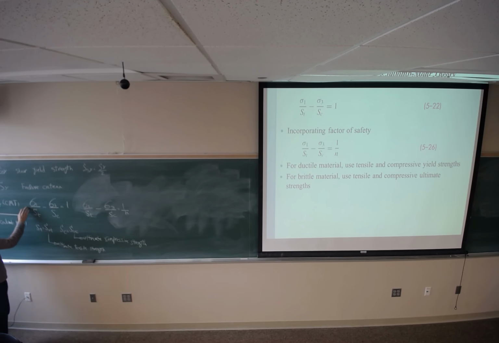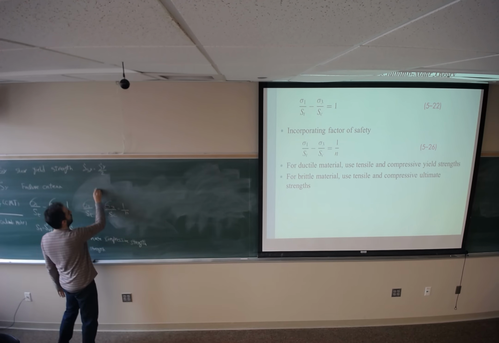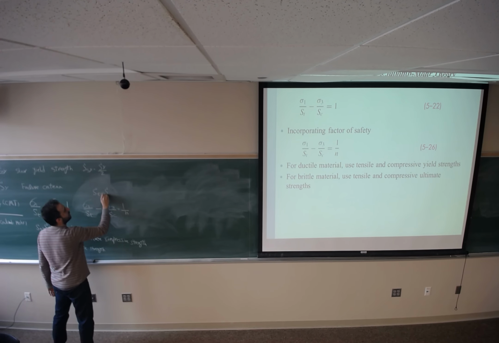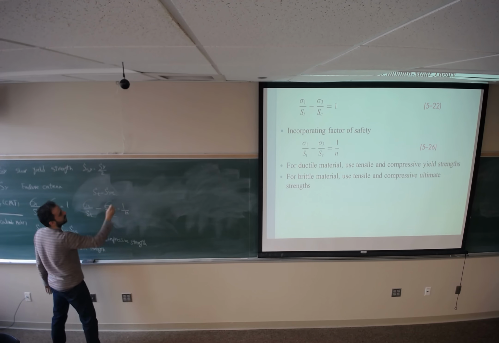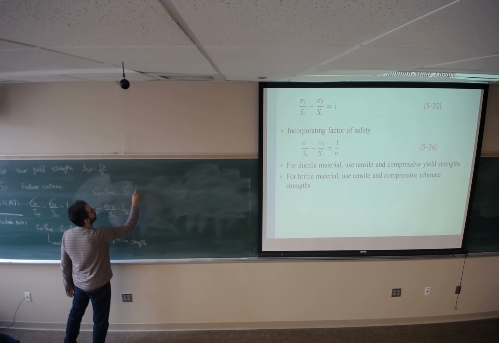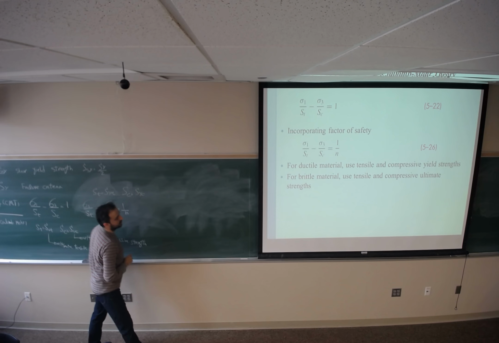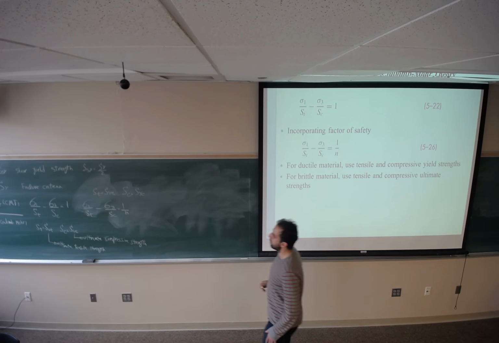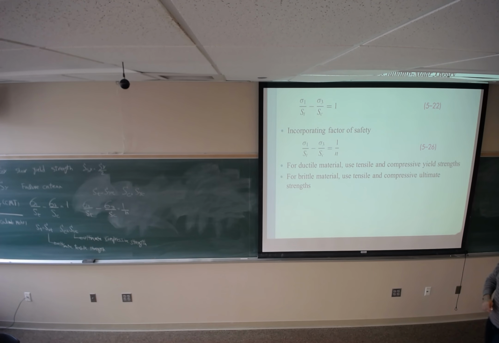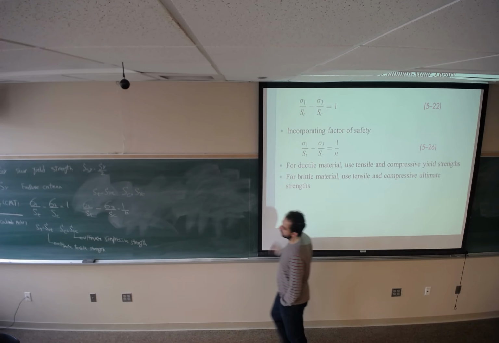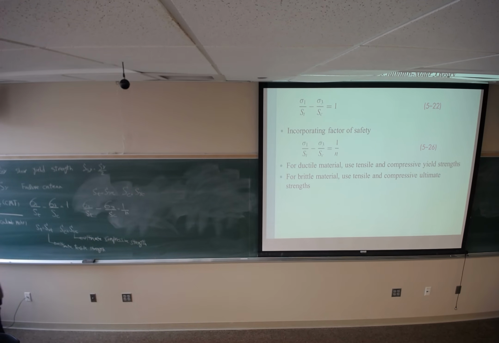But where we have ductile material, ST would be SYT, yield strength for tensile, and SC would be SYC, yield strength for compressive. So comparing ductile and brittle material, just the strength term would be different.